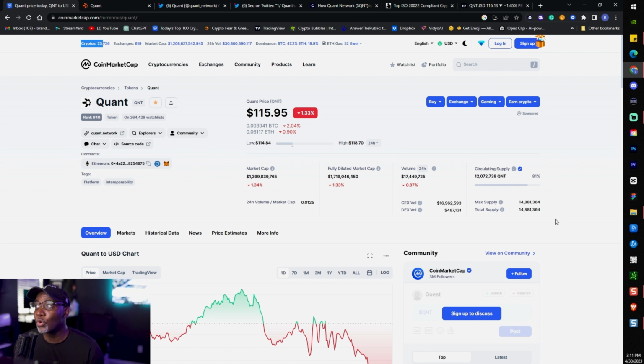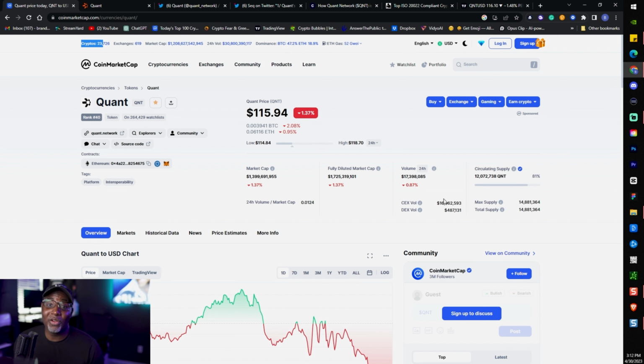This is the thing. Total supply, max supply, 14,881,000 Quant tokens available. Does that sound familiar? Who has a low max supply? Bitcoin. A lot of people compare this based on tokenomics to Bitcoin. I've been caught saying on Twitter, me buying Quant at $100 feels like buying Bitcoin back in 2018 at $100.